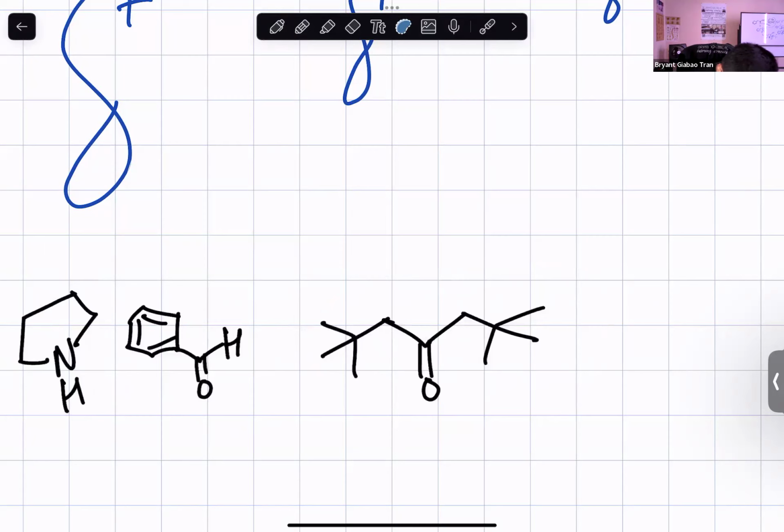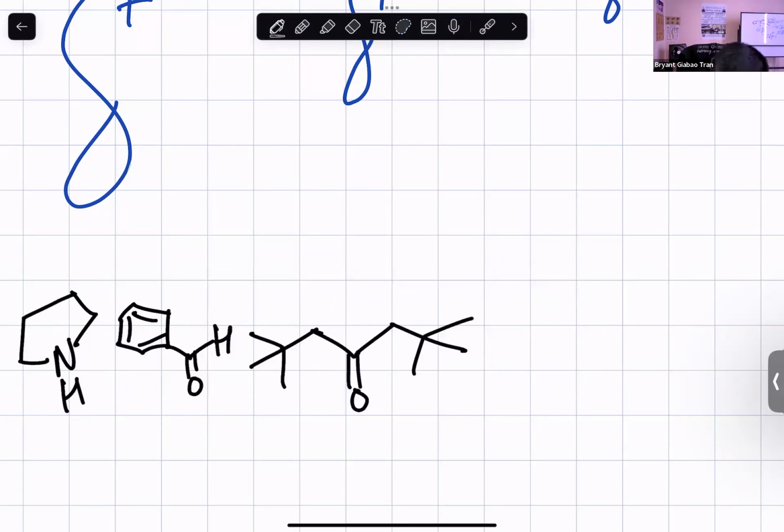Okay. Given these three reactants in acidic conditions, predict the product.